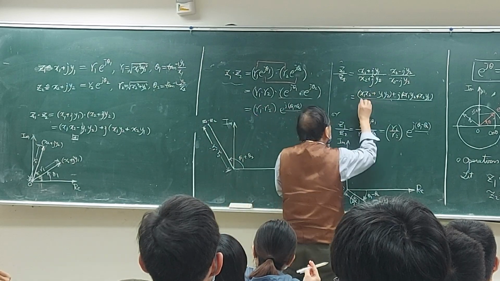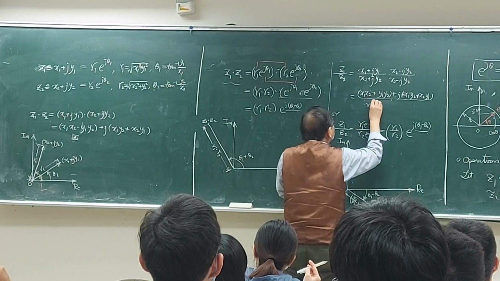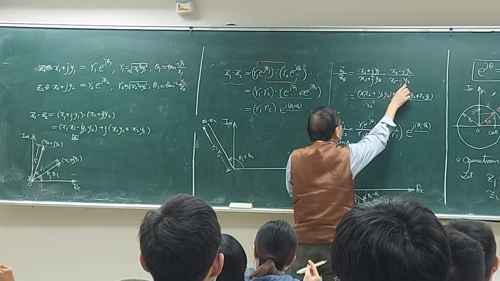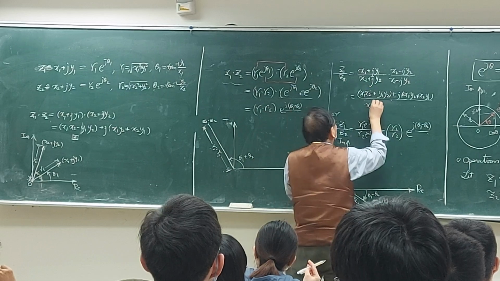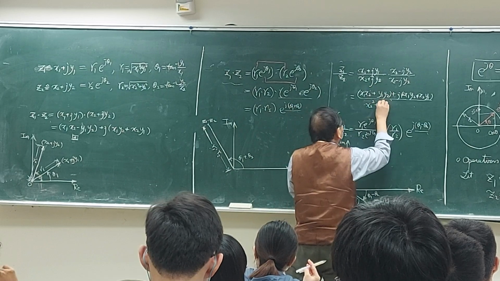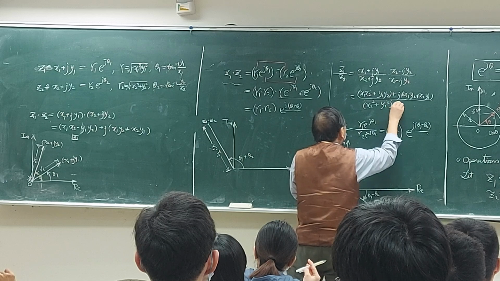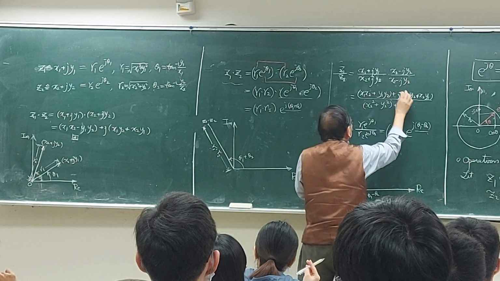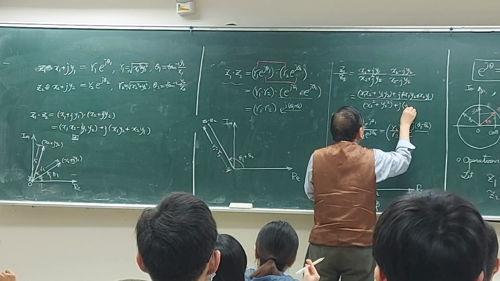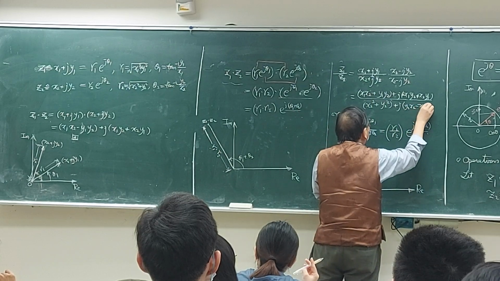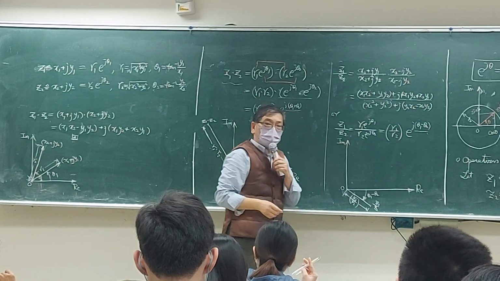Okay. So this is x2 times x2 first, right? And then we have another real number, plus y2 times y2. And then j times y2 x2, minus x2 times y2.